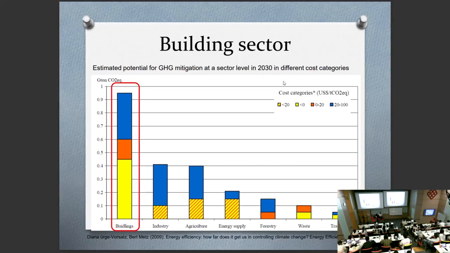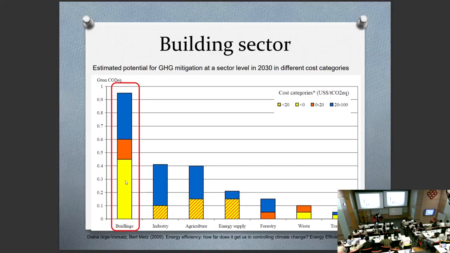The y-axis is the potential reduction of greenhouse gas in different sectors. In the building sector, we can reduce this amount of greenhouse gases by this cost.